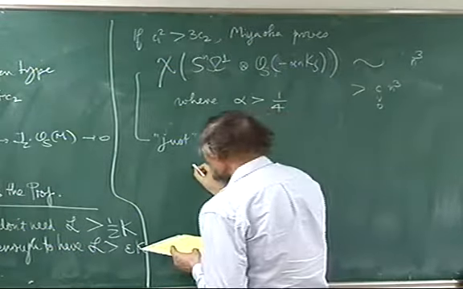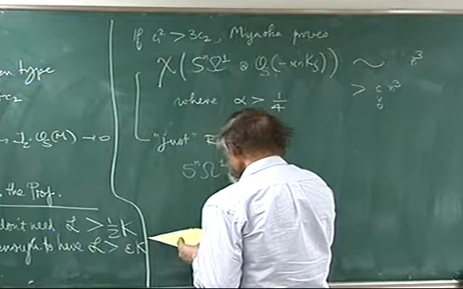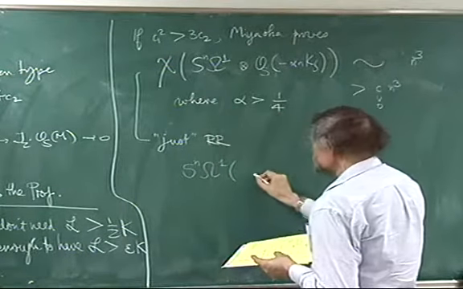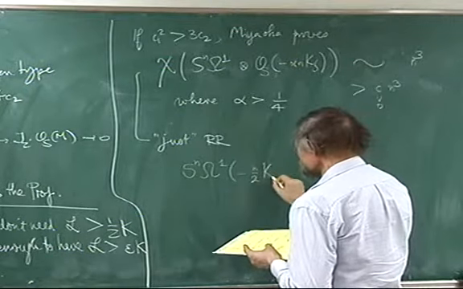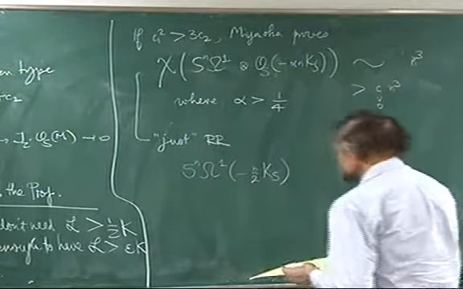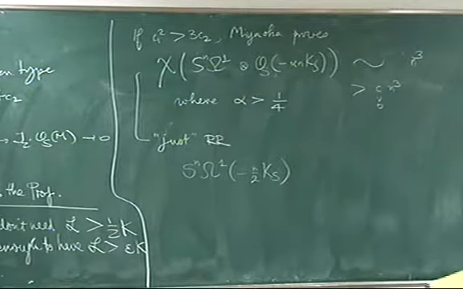Remember, I'm writing Sn of omega 1 in the Bogomolov argument, times minus n over 2 times ks, and the over 2 was the same as this over 2.